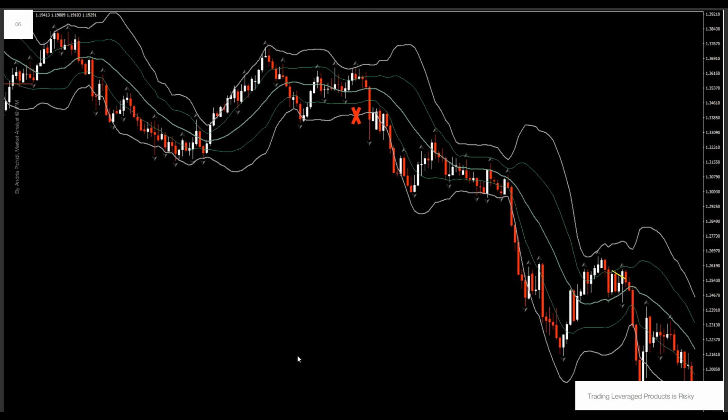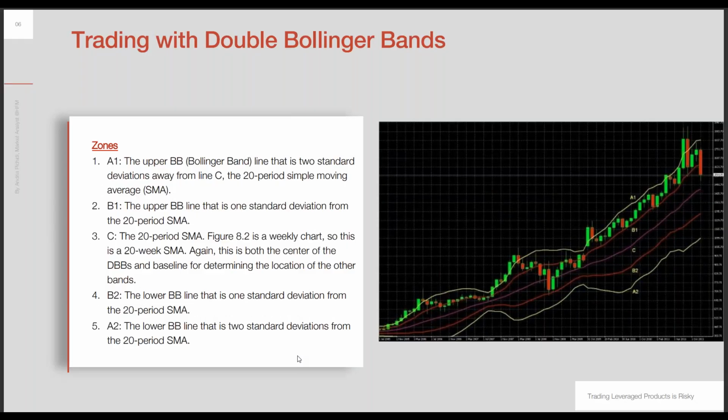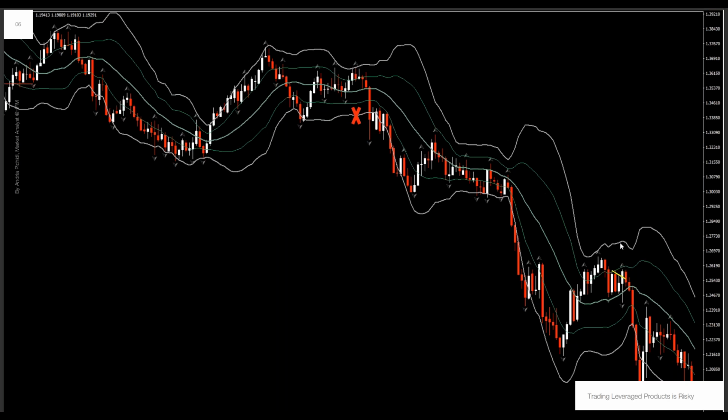What else? So we have spoken about the zones. Excellent. By the way, something that I forgot to mention is that we haven't discussed anything about the break of the middle line, okay? Break of the middle line could be useful for adding to your existing position.